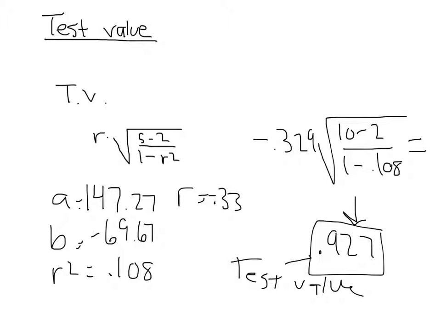Okay, you're probably wondering what the A and the B are useful for. They are useful because they give the regression line equation, also known as the line of best fit. Here, I'm going to erase all of this.